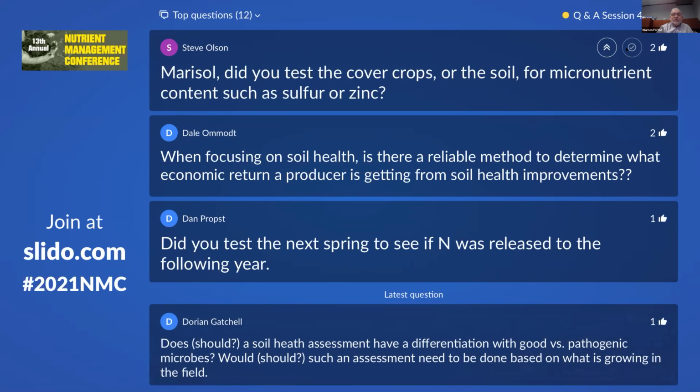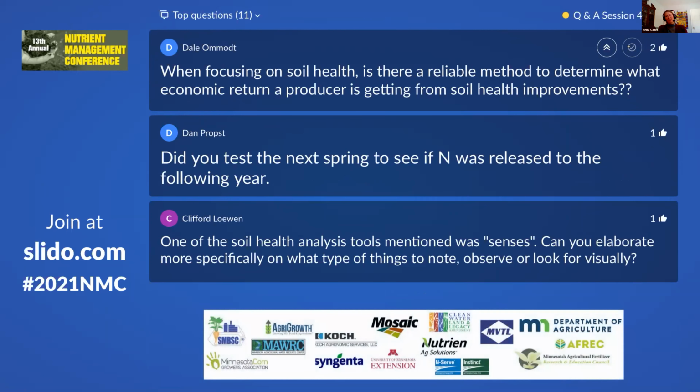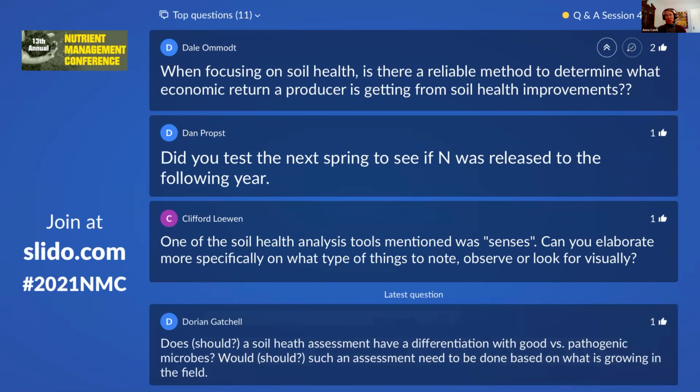When looking at soil health, is there a reliable method to determine what economic return a producer is getting from soil health measurements? Anna, what do you think about that? Well, no, there's not a reliable method to determine that economic return. People have done some studies estimating the fertilizer value of increased organic matter, and that tends to plateau right around where a lot of our Minnesota soils are, around 2.5% or 3%.